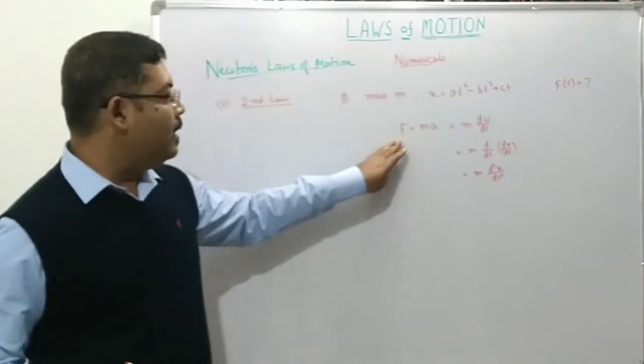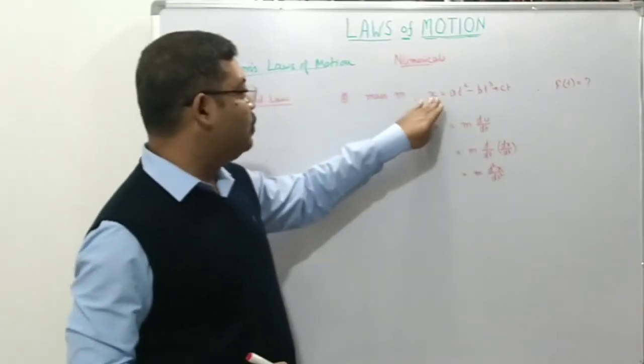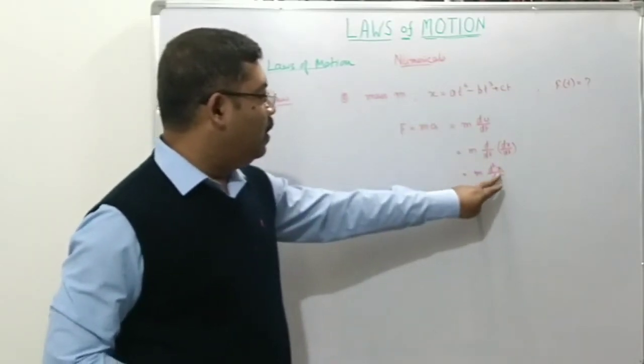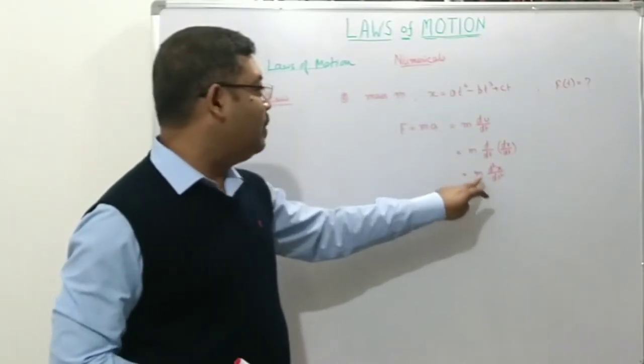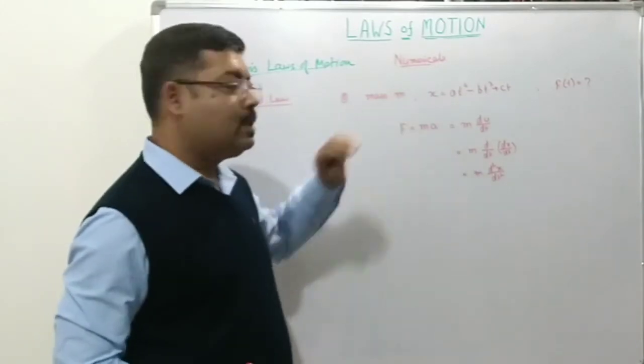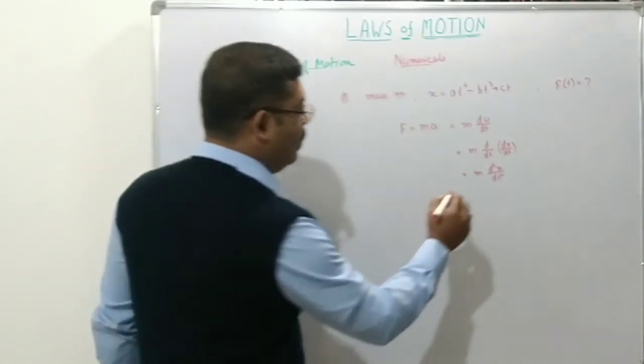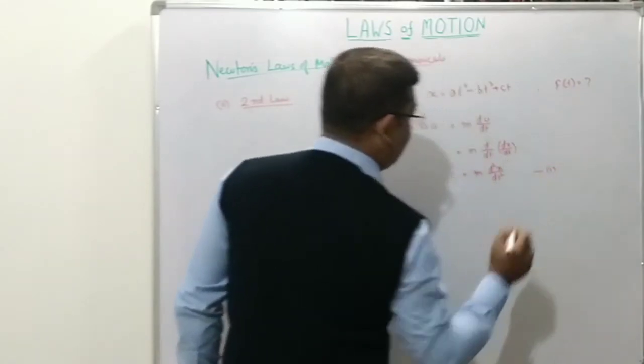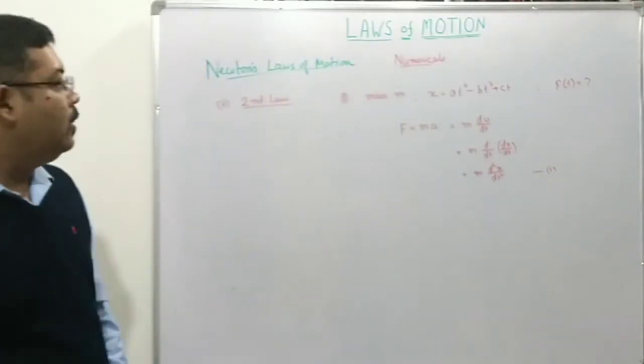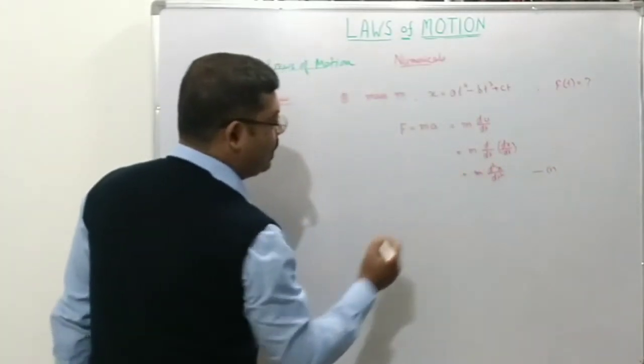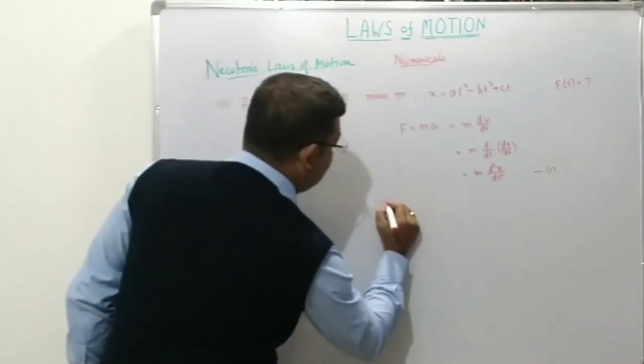So to find the force, we have to differentiate this position with respect to time twice and then multiply it by the mass. So now this is the first part. Now what we need to do is find d square x by dt square.